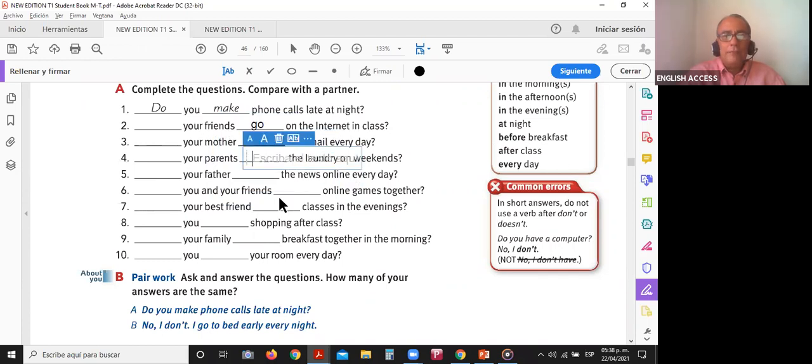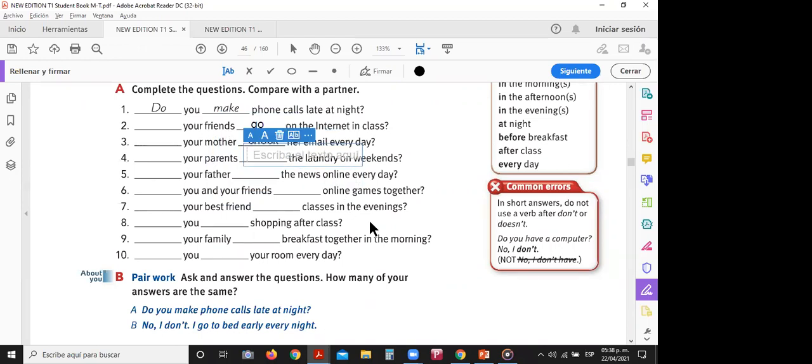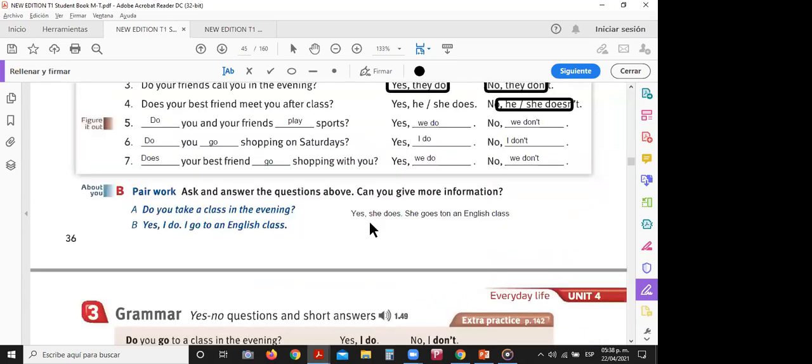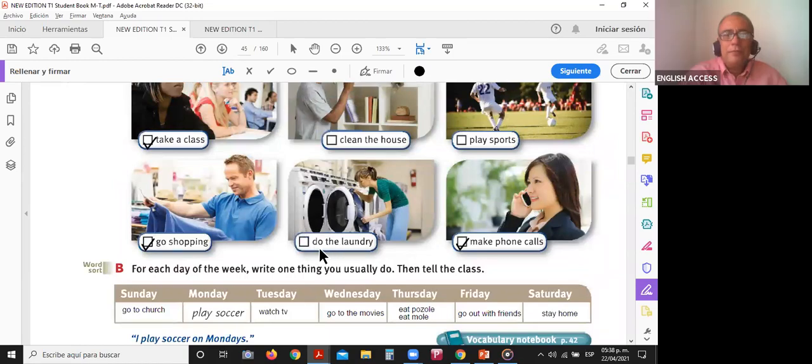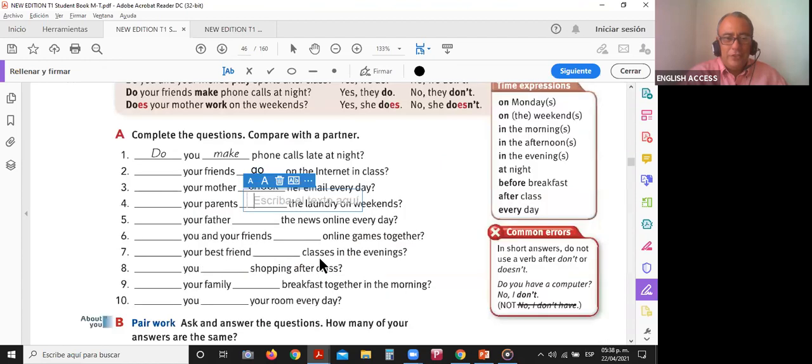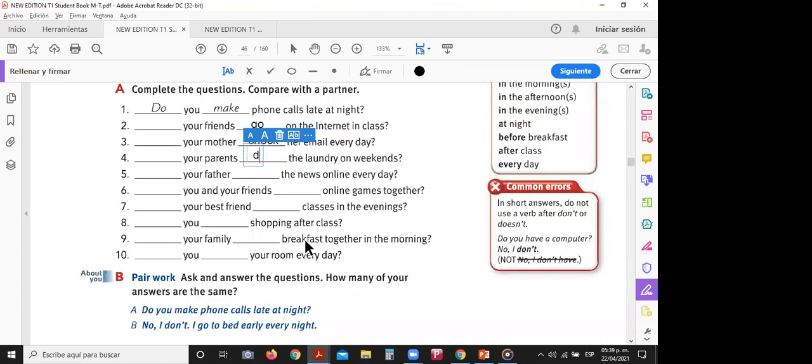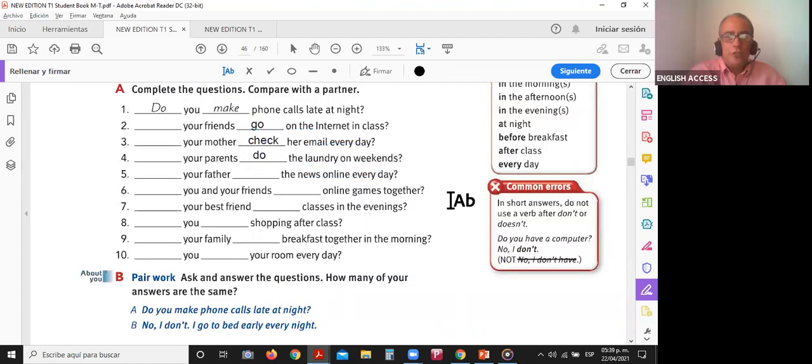The laundry. No. We say do. Do the laundry.